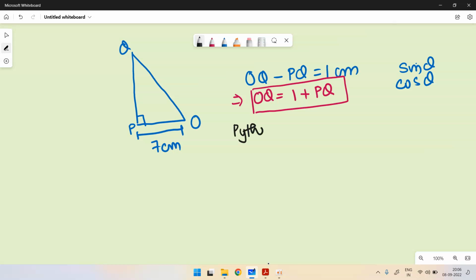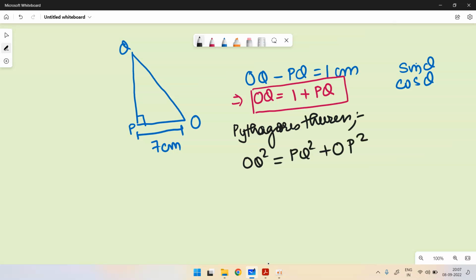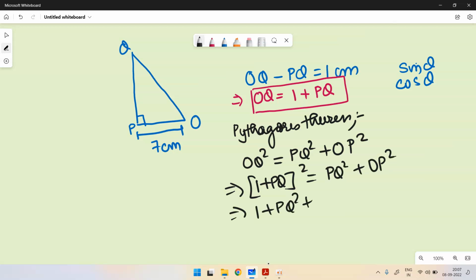Pythagoras theorem says OQ square equals PQ square plus OP square, which implies that OQ is given to be 1 plus PQ, so 1 plus PQ whole square equals PQ square plus OP square.